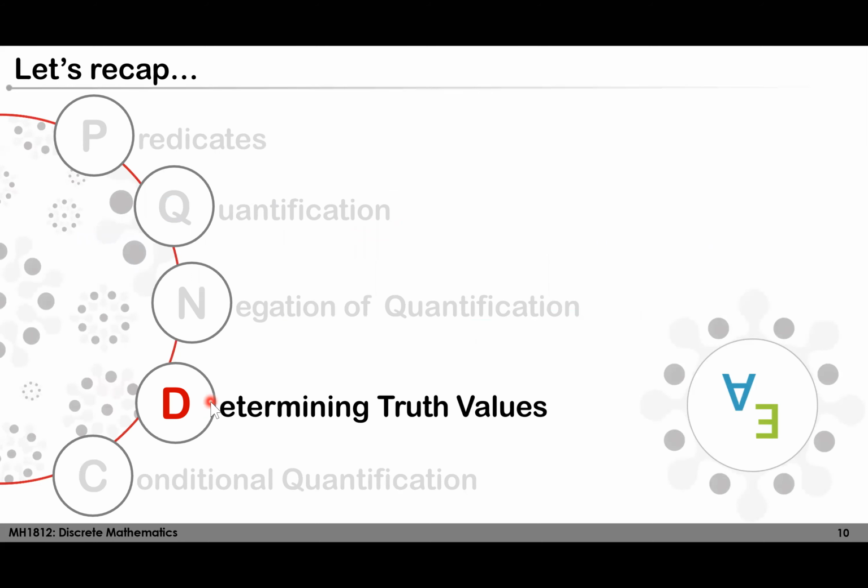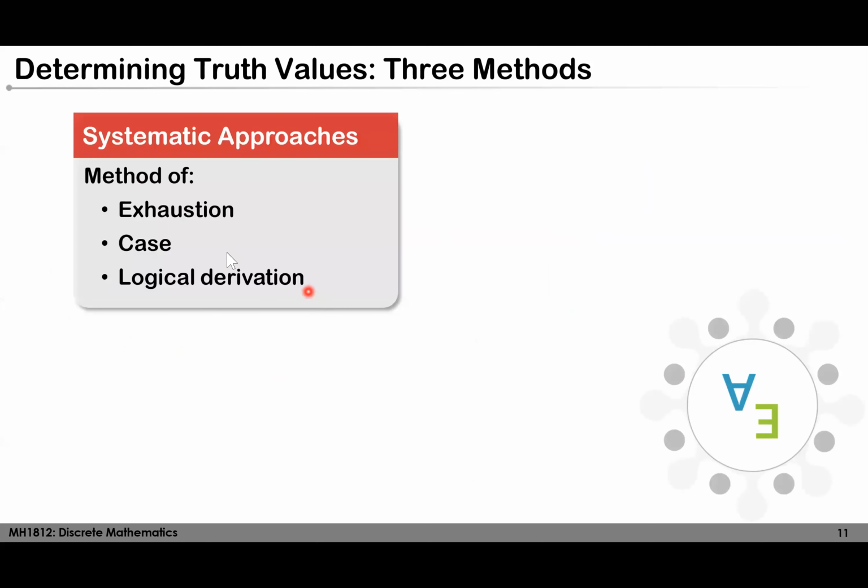And then we learn how to determine the truth values of some statements using three methods: the method of exhaustion, the method of cases, and the method of logical derivation. And when the domain is not too big, we can use exhaustion.